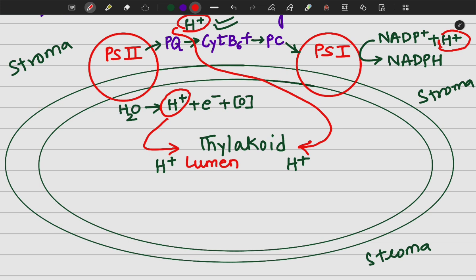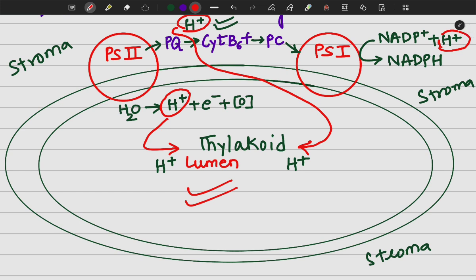So you can clearly see that the hydrogen ions are continuously being picked up from the stroma, whether it is during the formation of NADPH or during the flow of electron during the electron transport system. So that causes a deficiency of hydrogen ions, or decrease in the number of hydrogen ions inside the stroma.